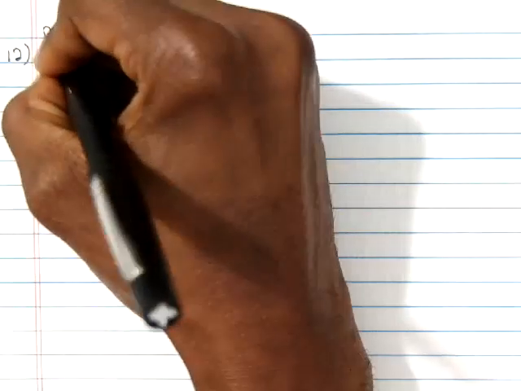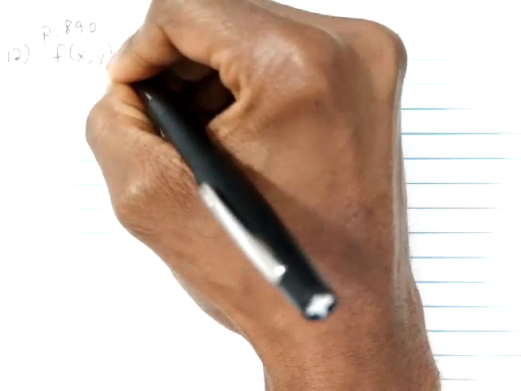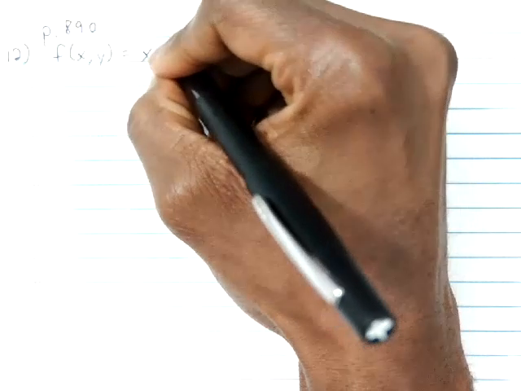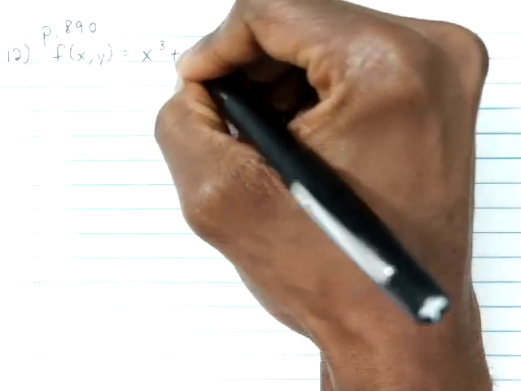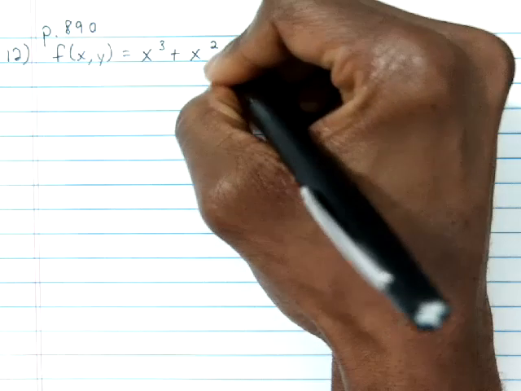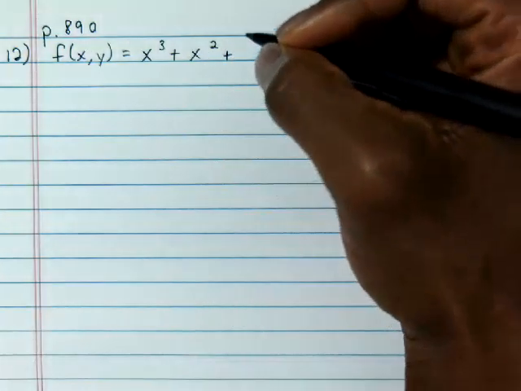which says in exercises 11 through 14, find the extreme values of f in the region described by the given inequalities. In each case, assume that the extreme values exist. And so for 12, our function is f of x y equals x cubed plus x squared plus y squared over 3.